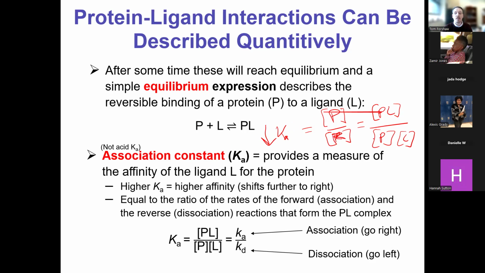So there's not much complex, and there's a lot of ligand and protein unbound. That's saying that they don't really like each other very much. So the higher the Ka, the more they like each other. The lower the Ka, the more they dislike each other. A higher Ka indicates a higher affinity and that the equilibrium is further over to the right.